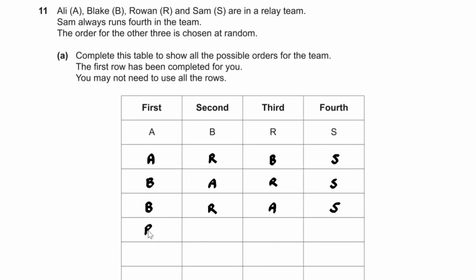Or we could start off with R, then have A second, B third, S fourth. Or we could have R first, B second, A third, S fourth. Here are all the possible outcomes we could have.